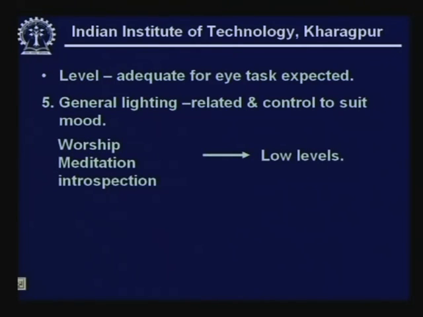Now, here we have grouped the applications into different groups. The first group which we are looking at is what that requires very low levels. It could be for say worship, meditation, introspection.